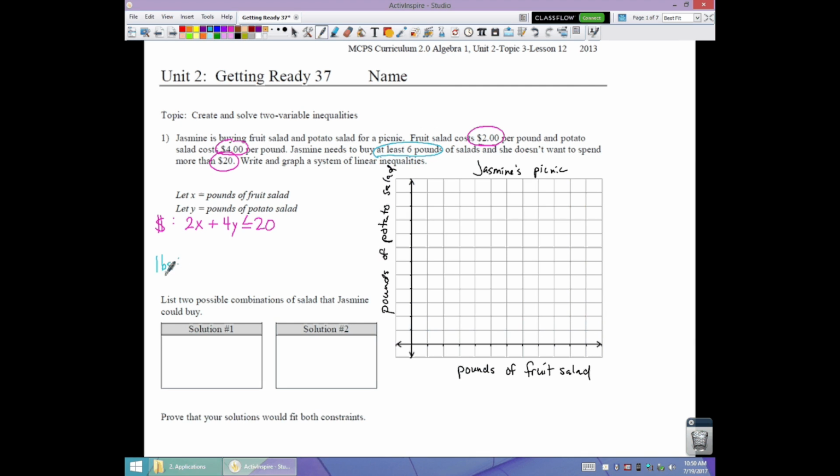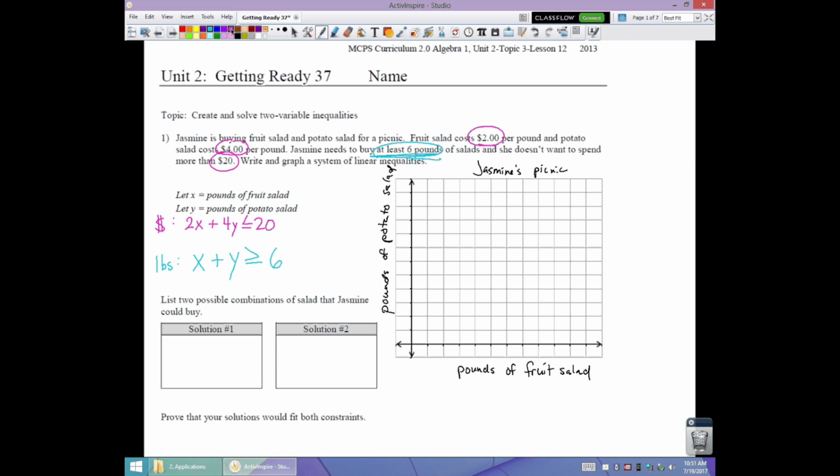This inequality is just regarding the amounts, which is what the variables already stand for. X is the pounds of fruit salad, so the amount of fruit salad plus the amount of potato salad, when I put those together, I want at least 6 pounds. At least means greater than or equal to 6.